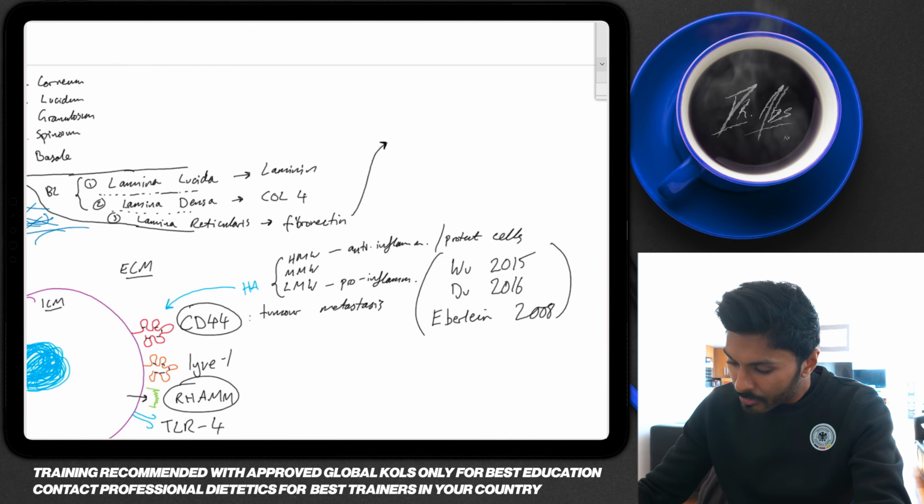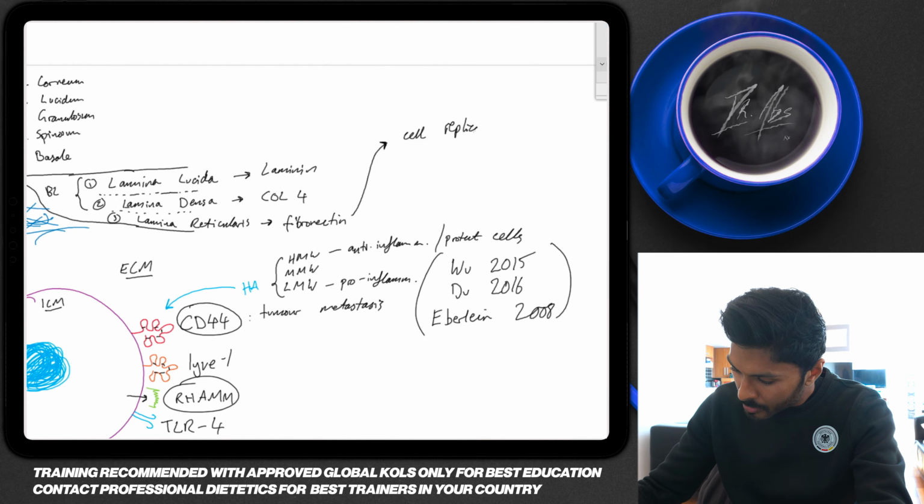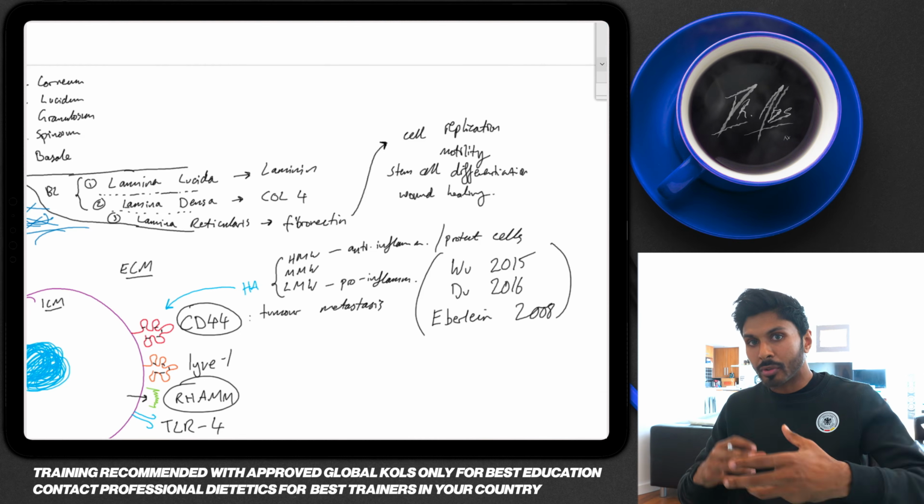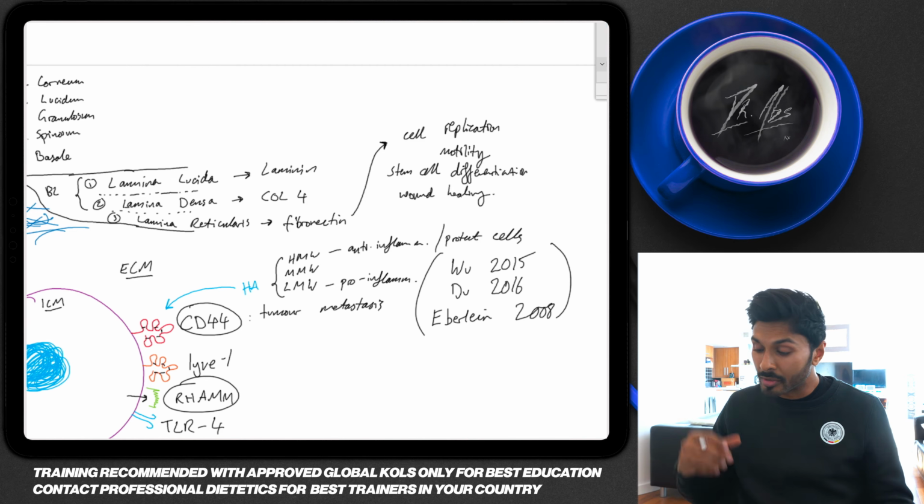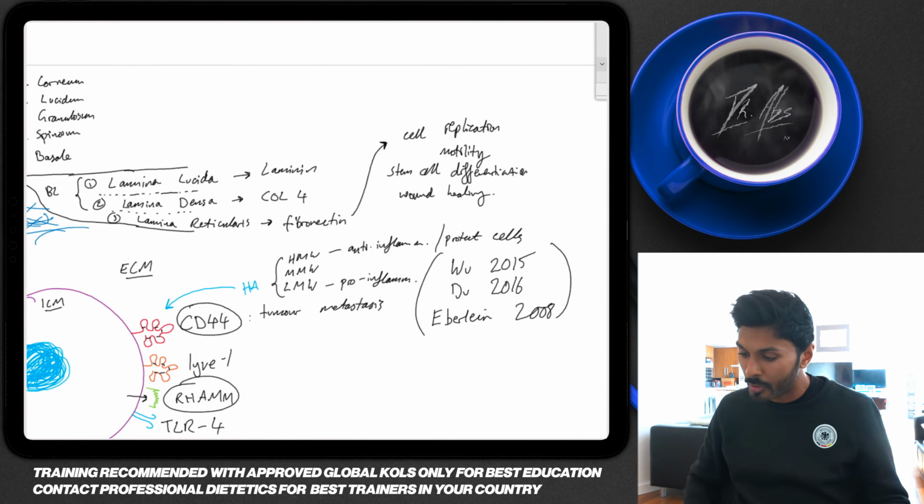It's highly involved in things like cell replication, motility, or in other words, movements, stem cell differentiation, heavily in wound healing as well. And it can even attach itself to the outside of cells and anchor them into the extracellular matrix as well.